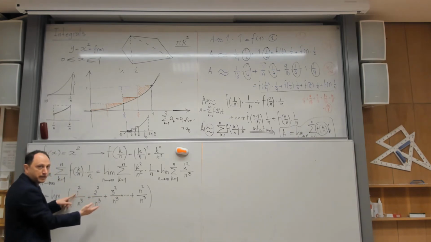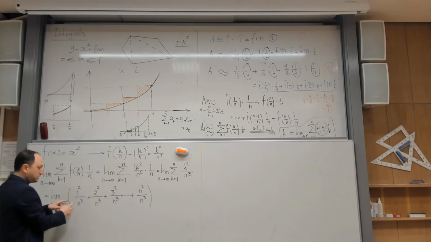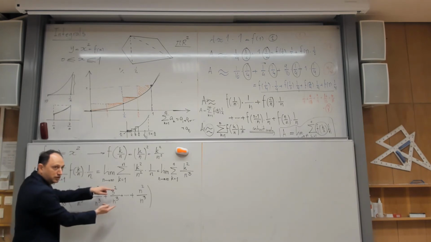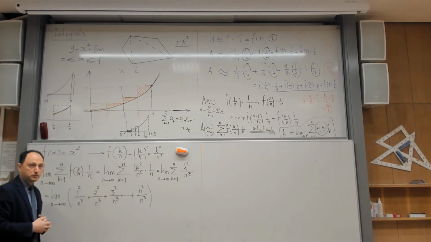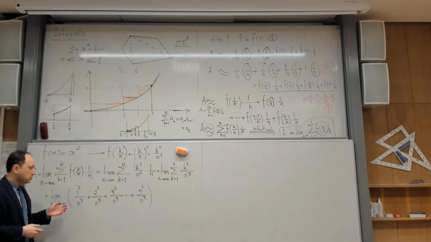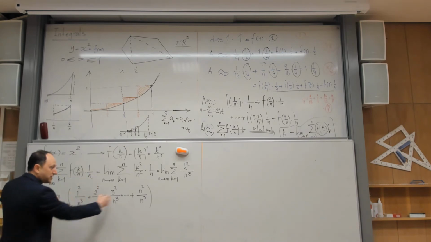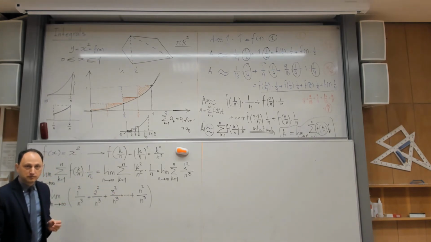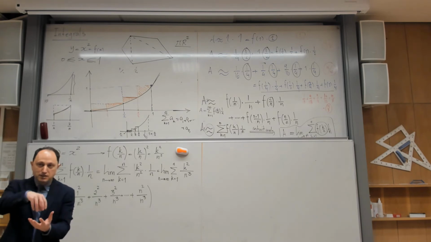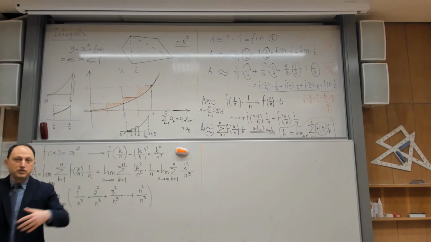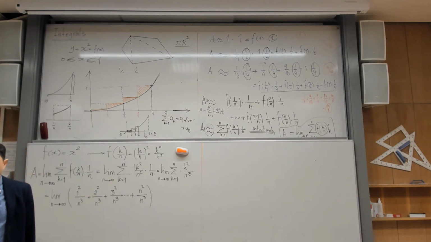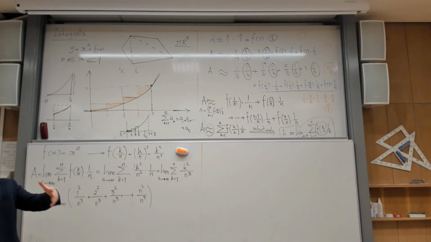If n is 10, how many terms are involved? 10 terms. If n is 1,000, each one of them is smaller, but I have 1,000 terms. Is that understandable? So when I make n 1 million, each one of them is really, really small, but on the other hand, I have 1 million of them. So even though I am making each part smaller, I am increasing the number of infinitesimals that I am adding. So in this competition, who wins?